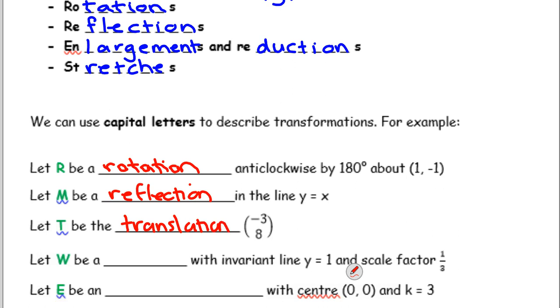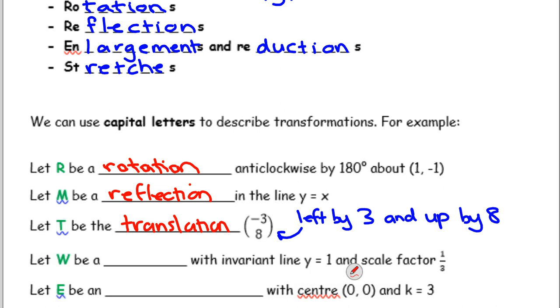Remember, it goes in the direction x first and then y. So -3 means go left by 3, in the negative horizontal direction, because it goes x and y. And up by 8, because it's in the positive y direction. That's what that translation vector means.